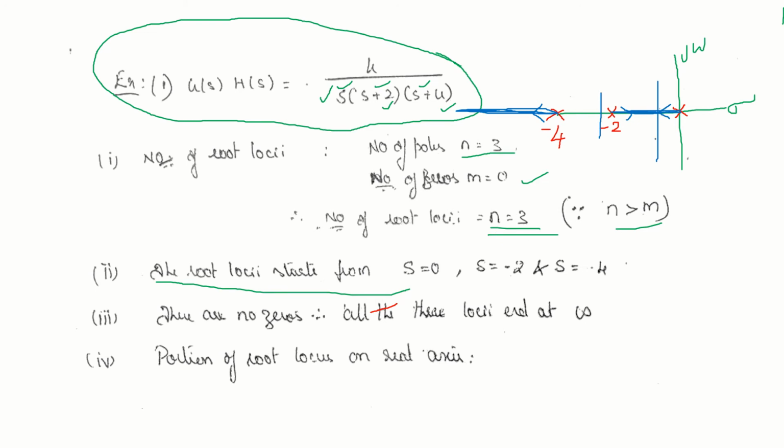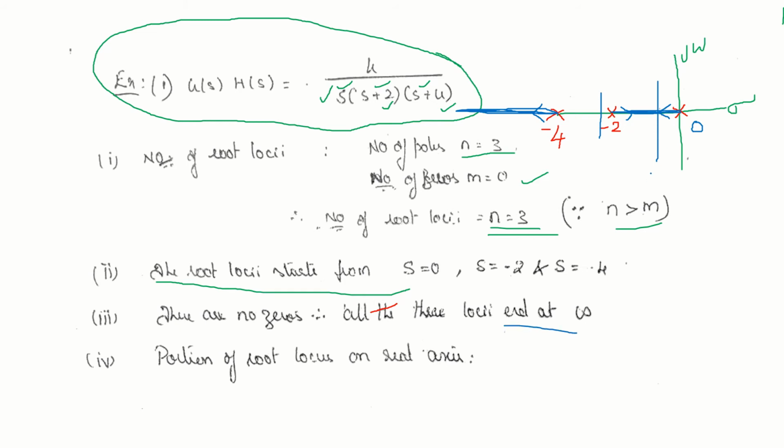Correct? 3 root loci. One starts from here, one from here, one from here. One starts at s equal to 0, one starts at s equal to -2, and other at s is equal to -4. So all should end at infinity because there are no zeros.